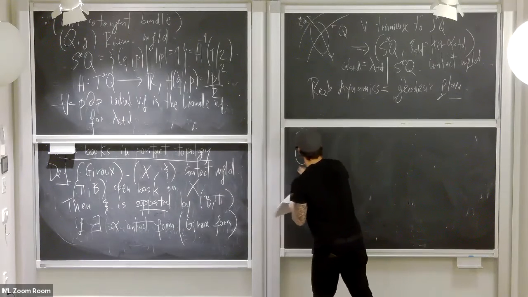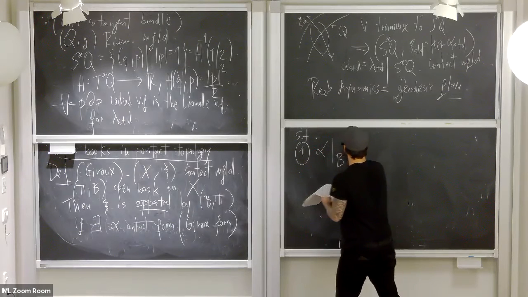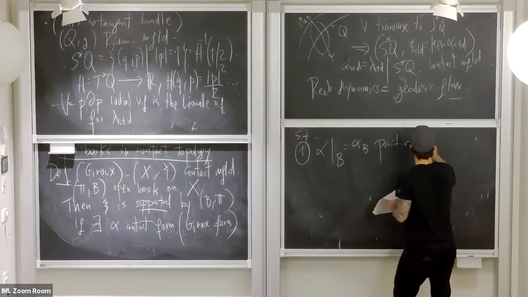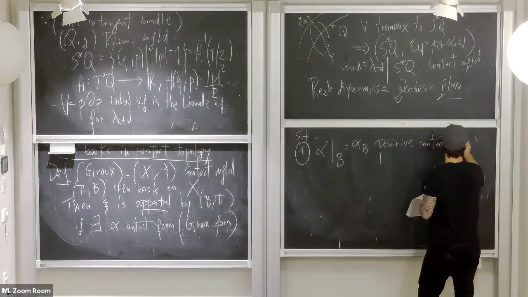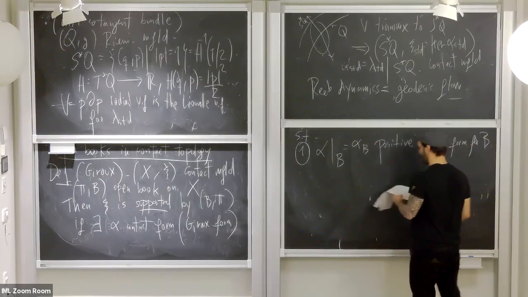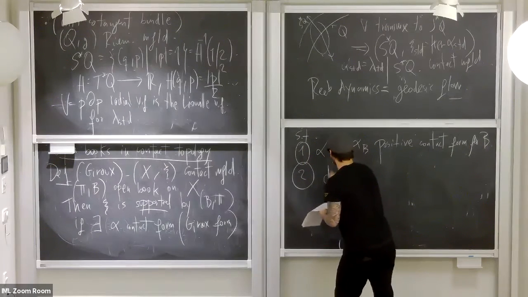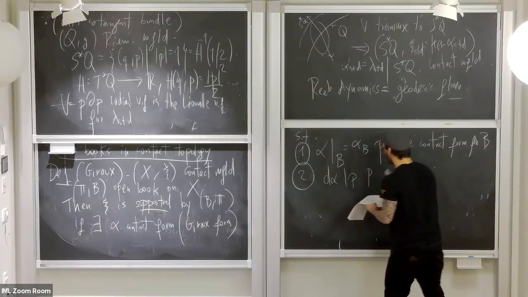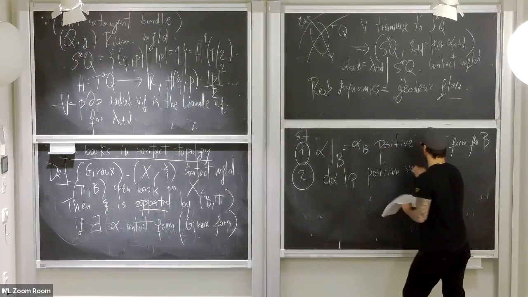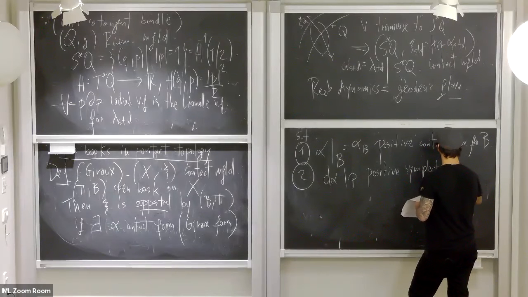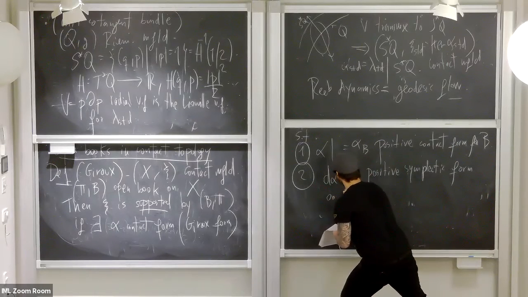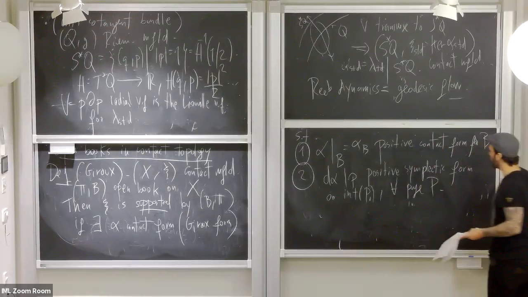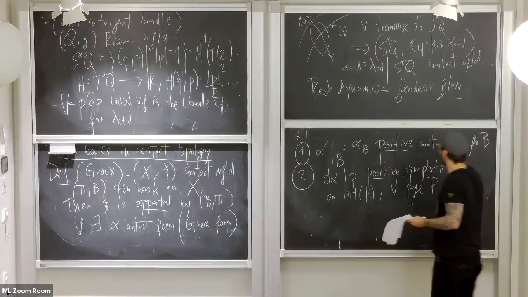The first condition is that if I restrict alpha to the binding of the open book, this is called alpha_B, then this is a positive contact form for B. And the second condition is that if I restrict the derivative of alpha to a page, this is a positive symplectic form on the interior of the page, for every page P. And here the word positive is important, so everything has to be oriented.